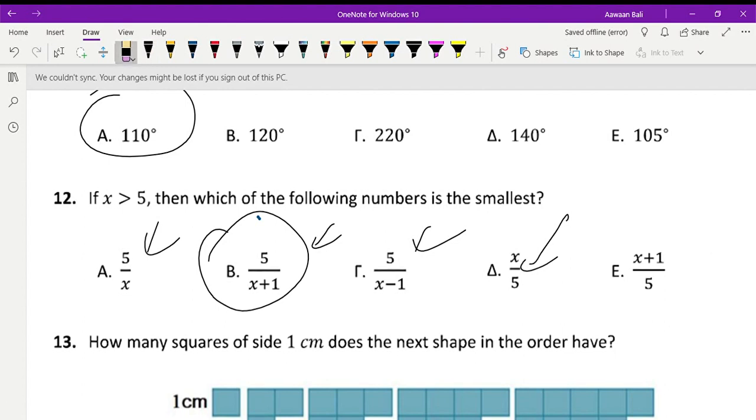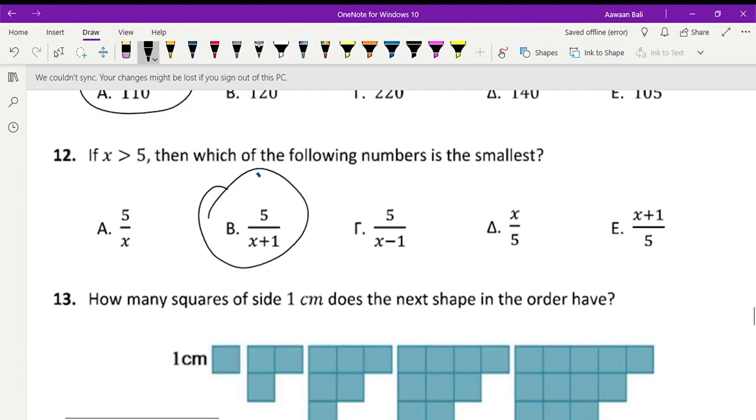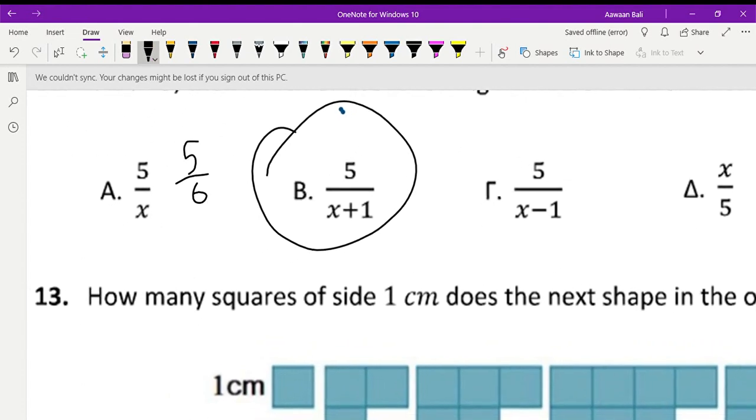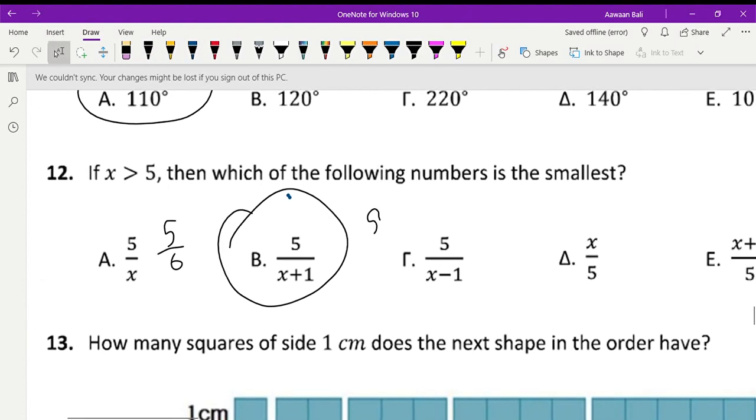Now x plus 1 is basically bigger than 5 again, but even more bigger. So it would be even bigger still. And Vita would be the smallest. Let's just say with normal numbers. Just say 6. See? 5 upon 6. Decent fraction. 5 upon 7 is even smaller since the denominator's number has increased.